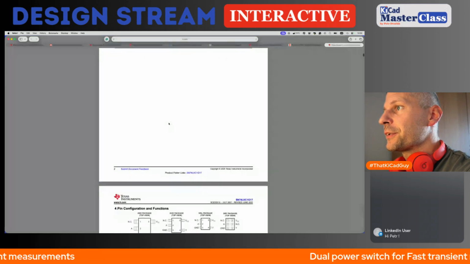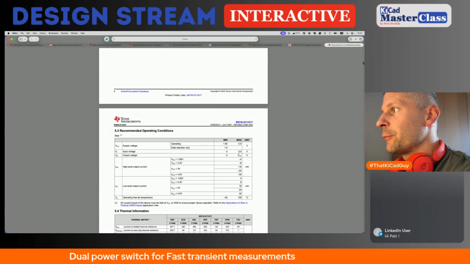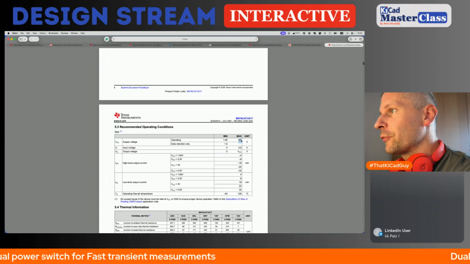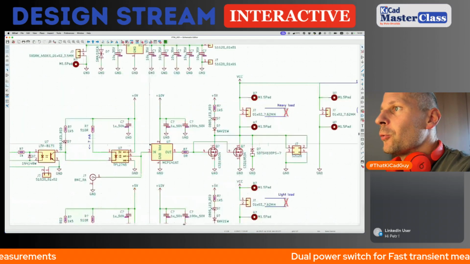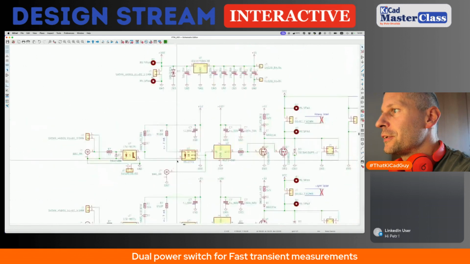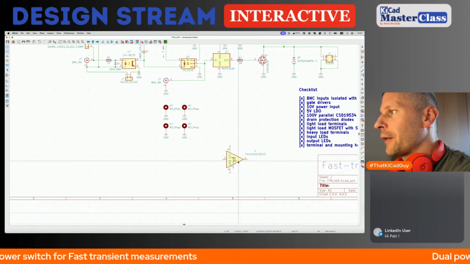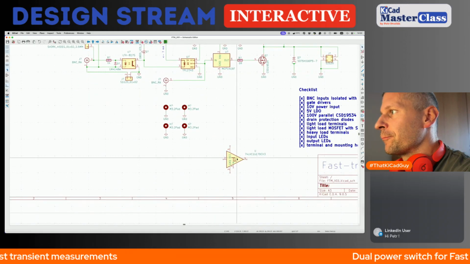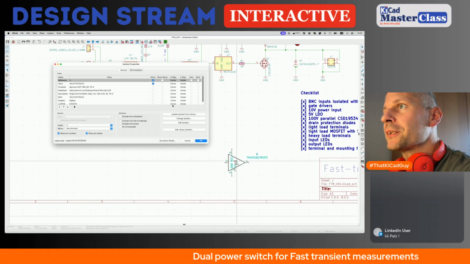I think 6.5 is absolute maximum, and typical is 5.5. Okay, so I guess I will change this optocoupler, and I will replace it with the Schmitt buffer, because it makes more sense to me.